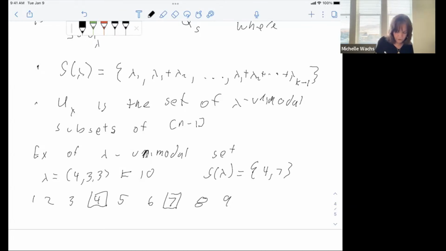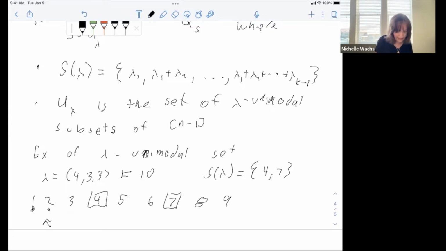And then to get a lambda unimodal set, I choose any initial segment in here, and in here, any initial segment of those sets. So let's say I choose 1 and 2.